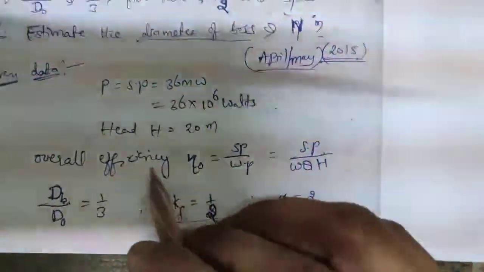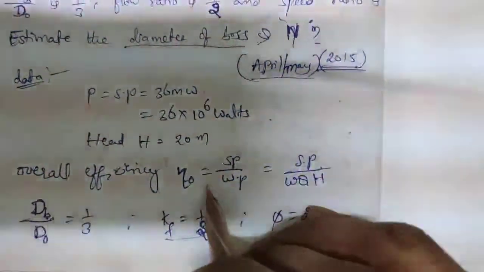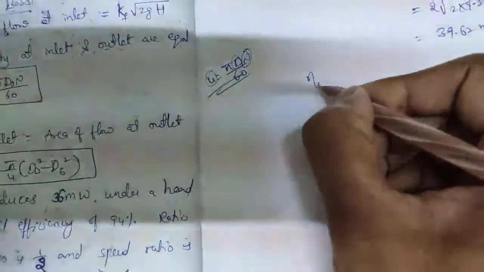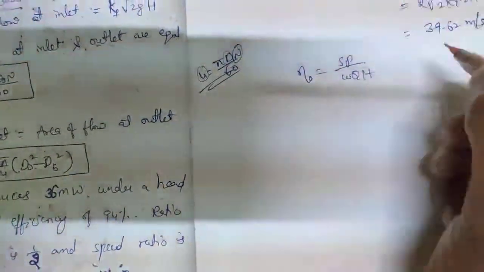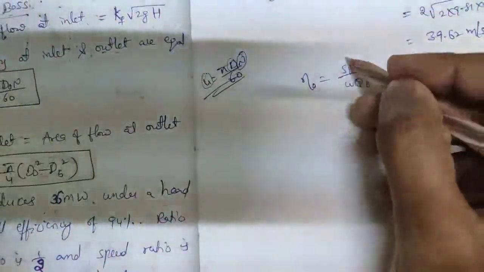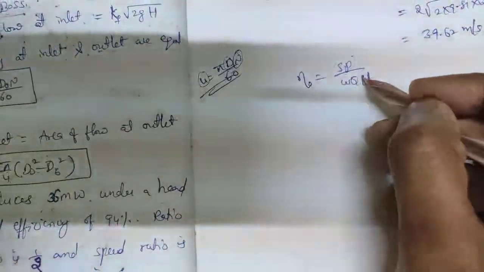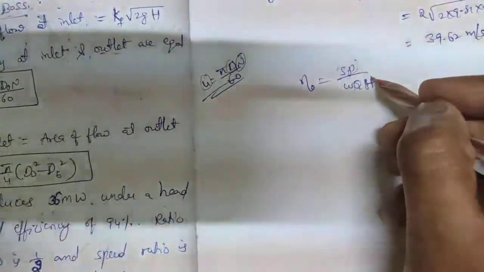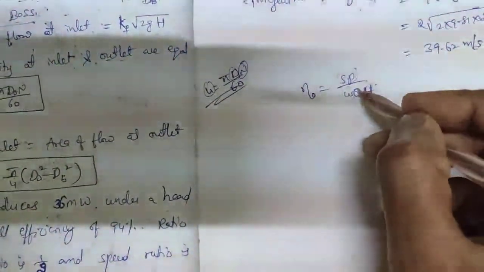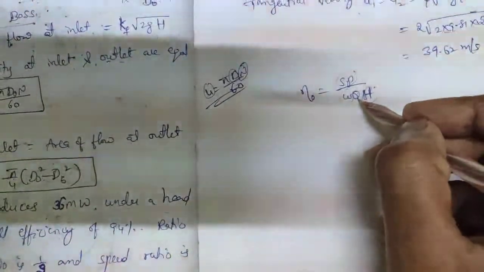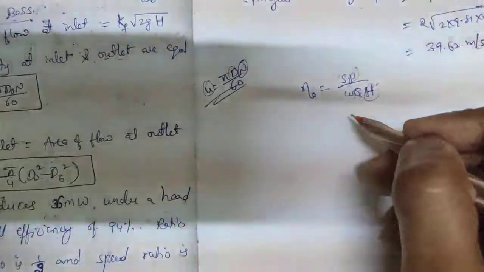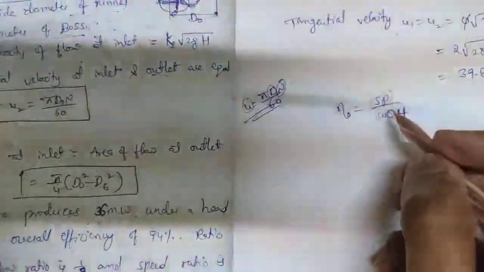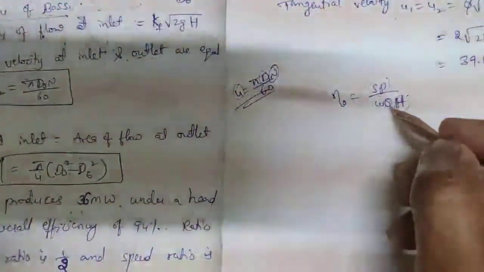In the given data they give overall efficiency, shaft power by water power. So write down overall efficiency equals shaft power by water power, WQH. So you know the shaft power, you know the W value, you know the head, but you don't know Q. From that Q you calculate the area, and in that area there is a D value.